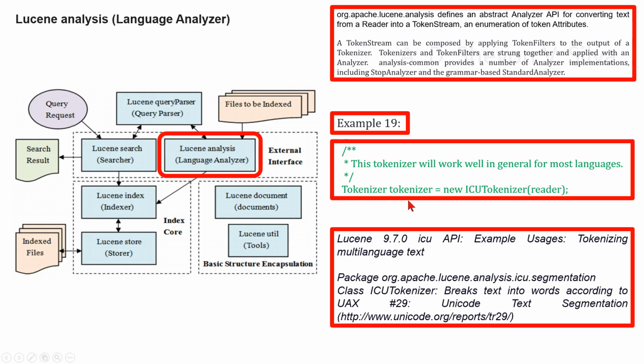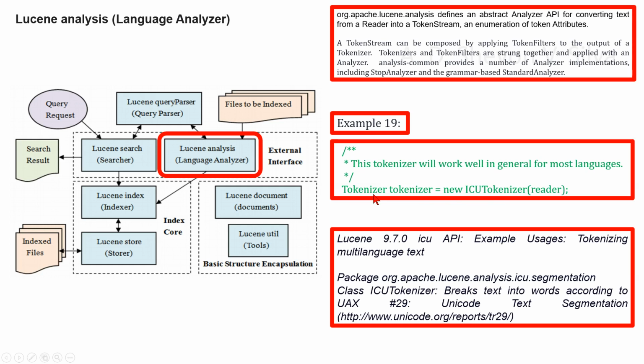Now we are considering the Lucene 9.7.0 ICU API. This module exposes functionality from ICU to Apache Lucene. ICU4J is a Java library that enhances Java internationalization support by improving performance, keeping current with the Unicode standard, and providing richer APIs. Here you can see tokenizing multi-language text as an example usage.